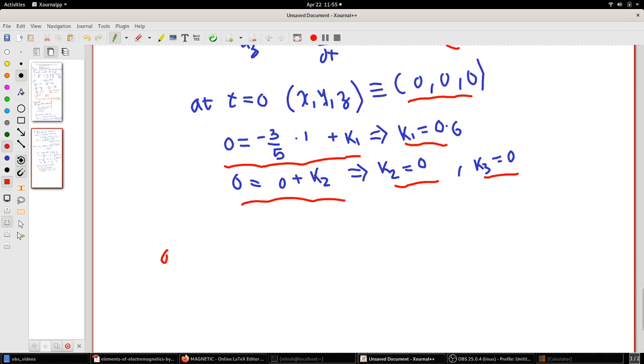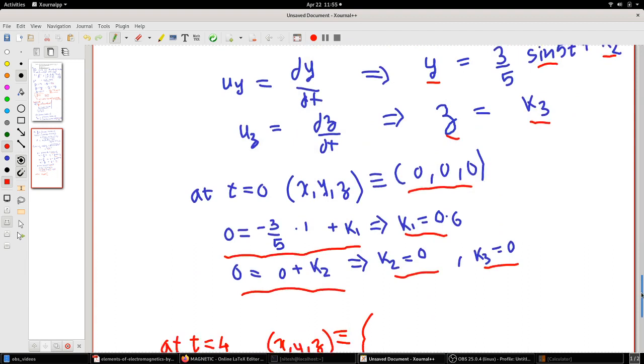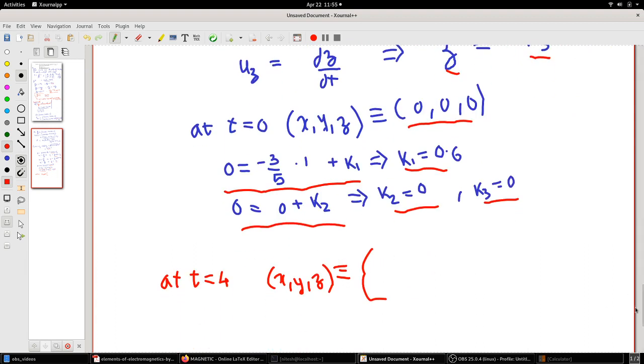So at t equal to 4, what I have is x comma y comma z is at minus 3 by 5 cos phi t plus 0.6 comma.